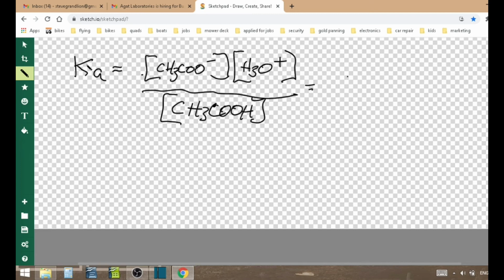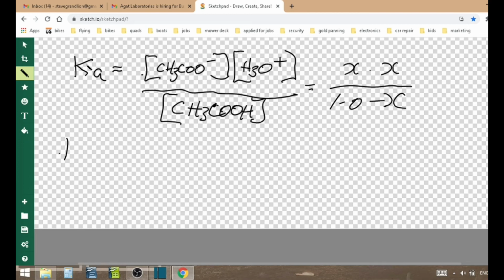And hydronium, you had plus X in solution. So here we can substitute those. We can say that we have X times X over 1.0 minus X. So we've taken our concentration values and we've replaced them with these variables and these numbers.